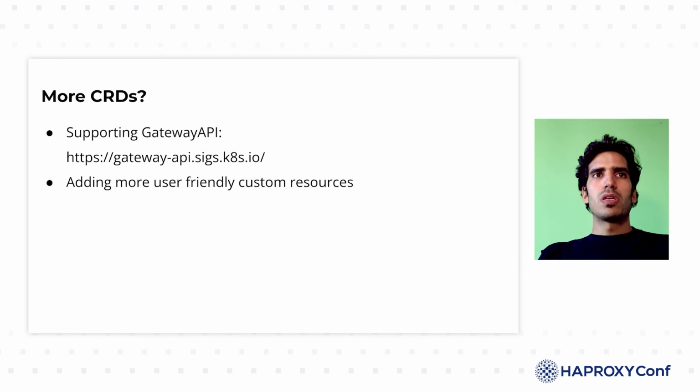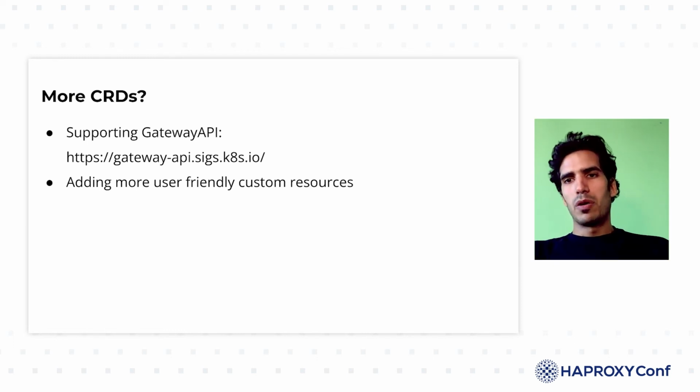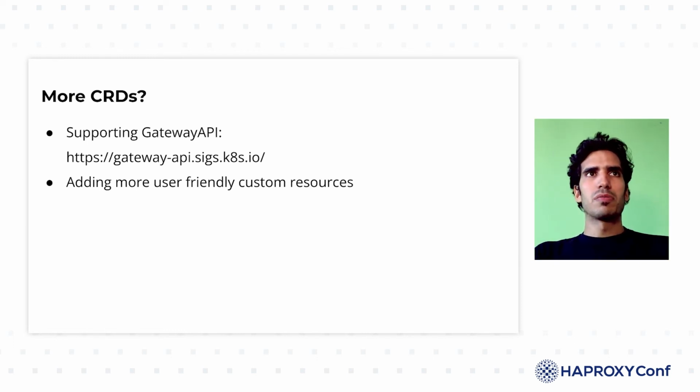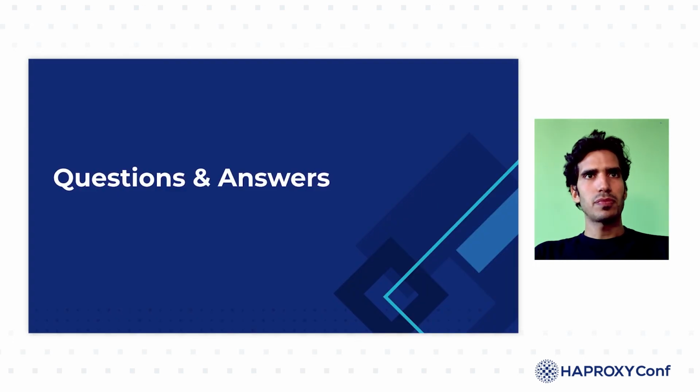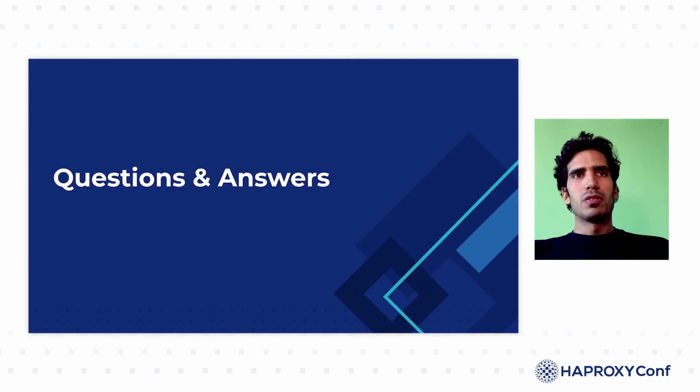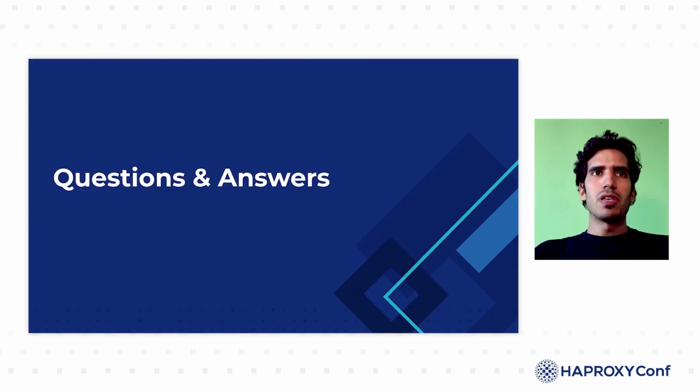And we may think about providing more custom resources that are more user-friendly, which means they describe a general behavior rather than describing HAProxy configuration. And that's all, if you have any questions.